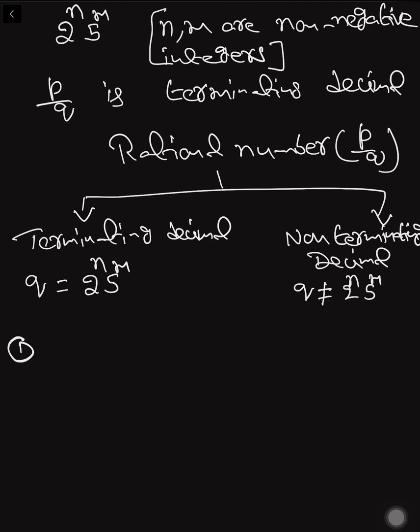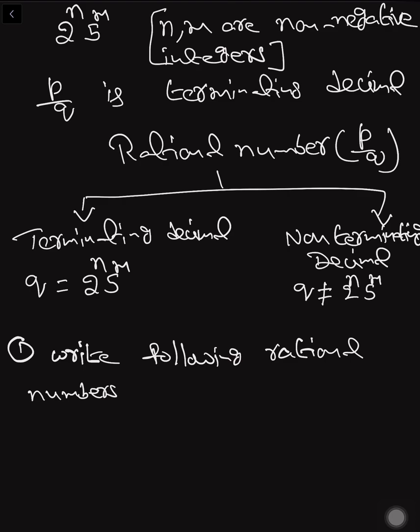First model: write the following rational numbers in their decimal form by using division.